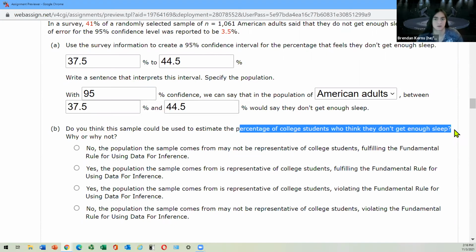It was an estimate of American adults, not college students. Right. And college students might not be exactly the same as the general population. Would it be reasonable to say that they're likely to be younger in general? Yeah, and their lives are a lot different than the rest of adults.